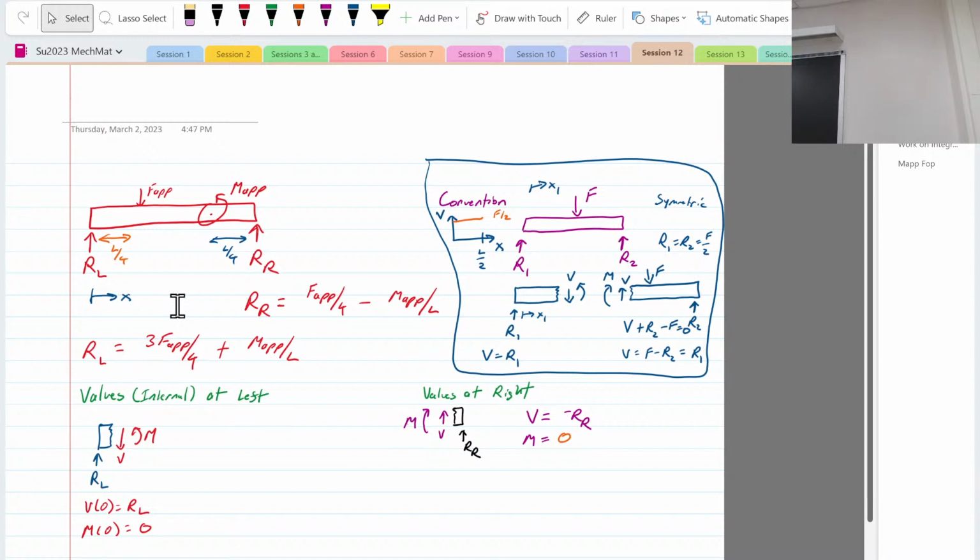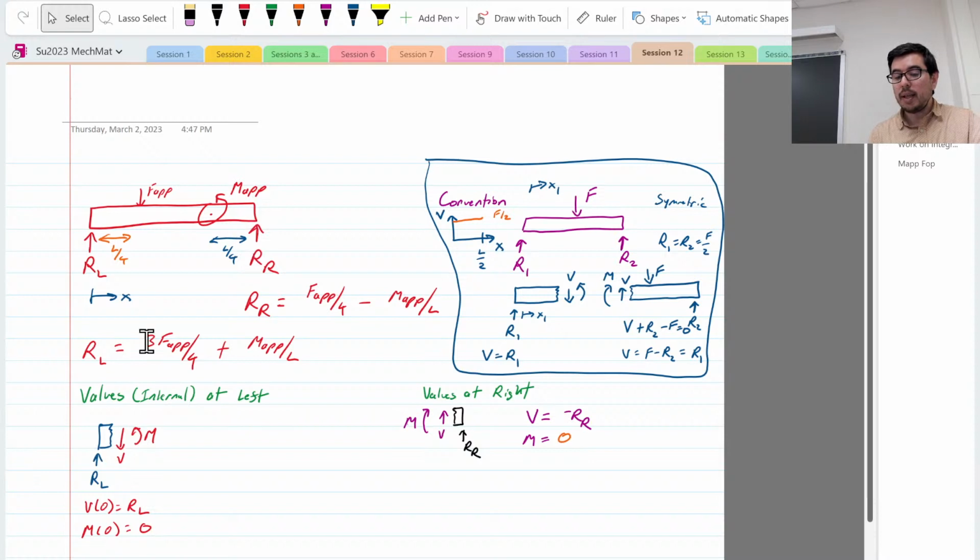I kind of shortcutted here a little bit. We can use the sum of the moments equal to 0, either in this case where I'm using this point at the left so that I don't have an RL, or this equation where I have RL, I'm doing it at the right so I don't have an RR. Am I making sense?